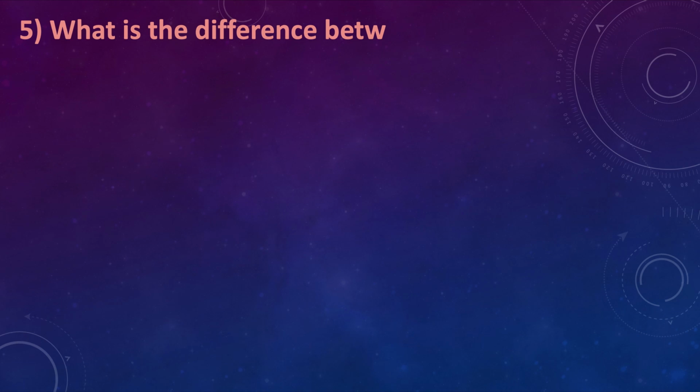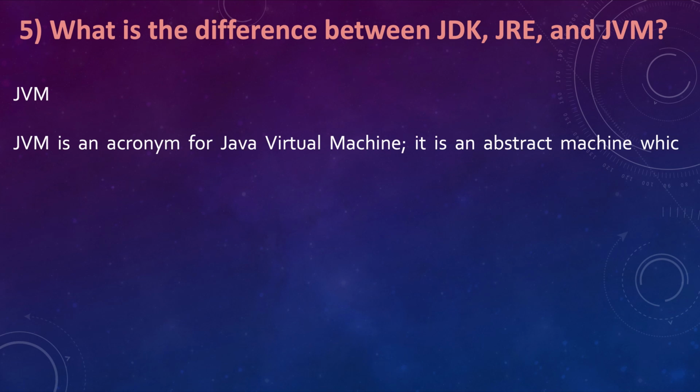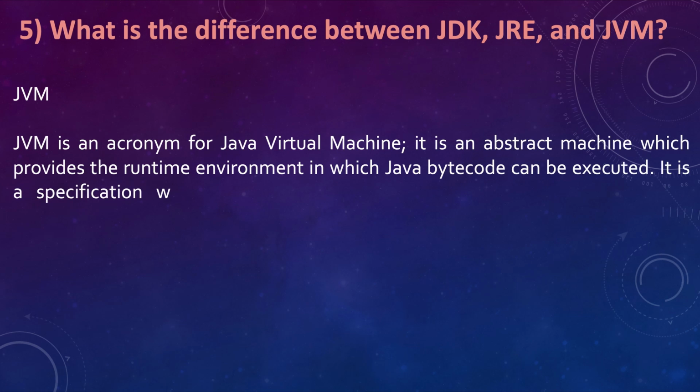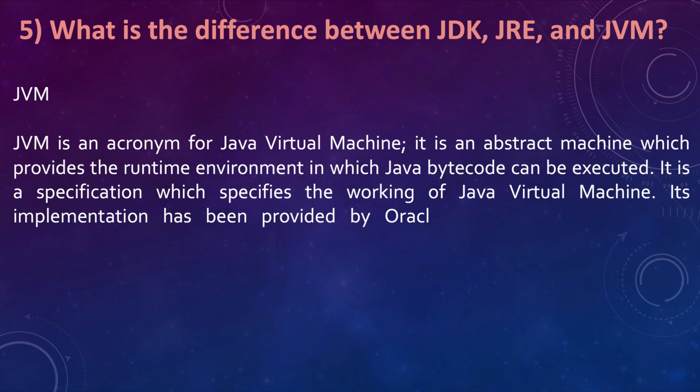What is the difference between JDK, JRE and JVM? JVM is an acronym for Java Virtual Machine. It is an abstract machine which provides the runtime environment in which Java bytecode can be executed. It is a specification which specifies the working of Java Virtual Machine. Its implementation has been provided by Oracle and other companies.